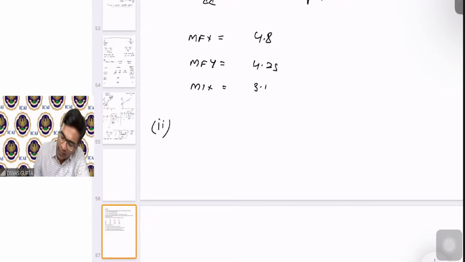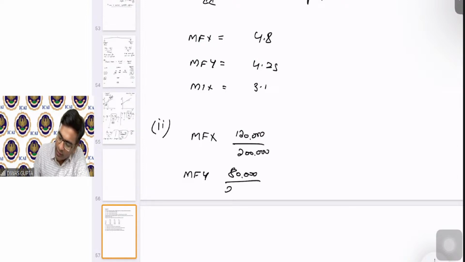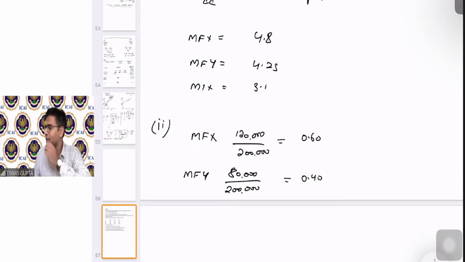So we can simply put MFX, MFY, 120 divided by 2 lakhs, 80 divided by 2 lakhs. So this is how much? 0.60, 0.40. These are the weights.